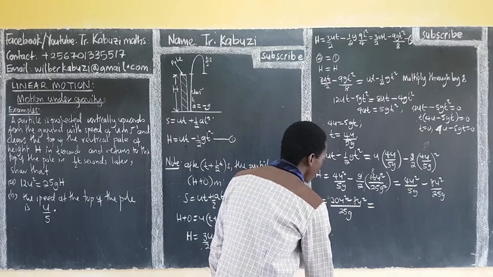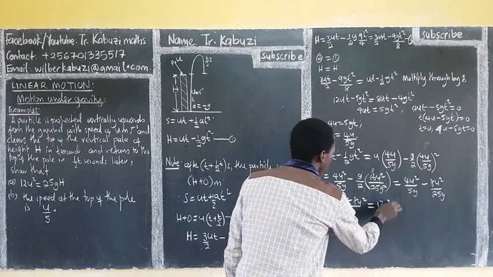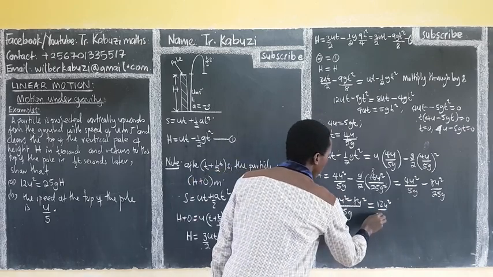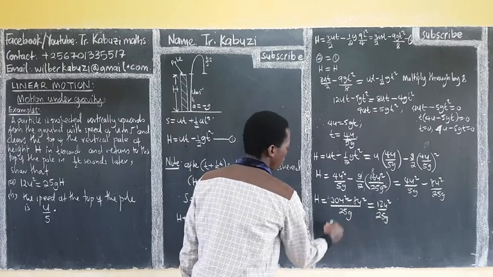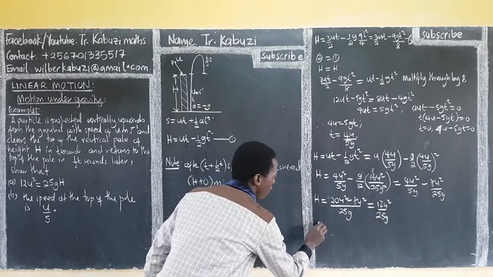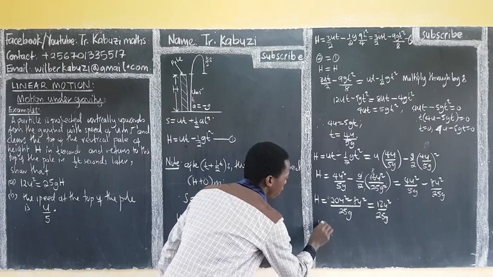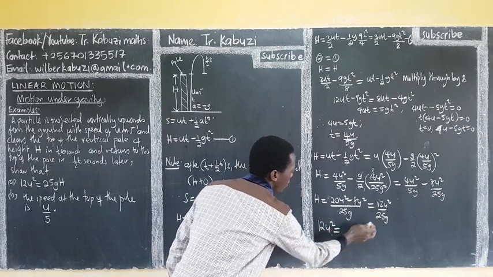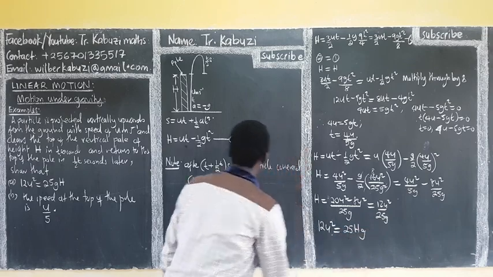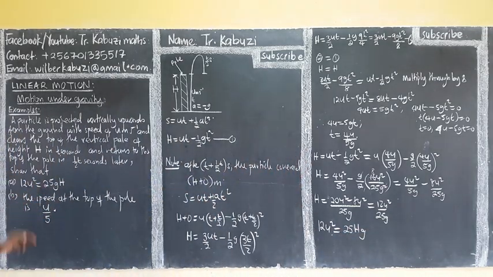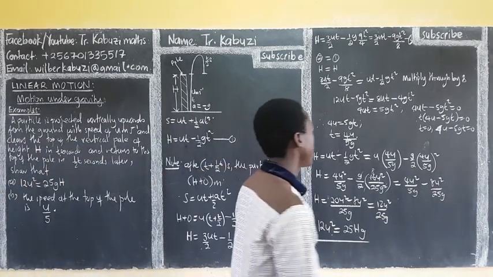When you simplify that, we shall be having 12u squared over 25g. And it was multiplied by this, now we have 12u squared over 25g equals h, and I think it is our proof there. So the proof is in there.